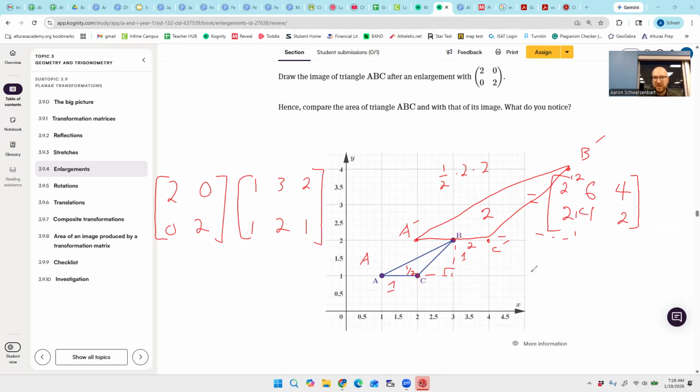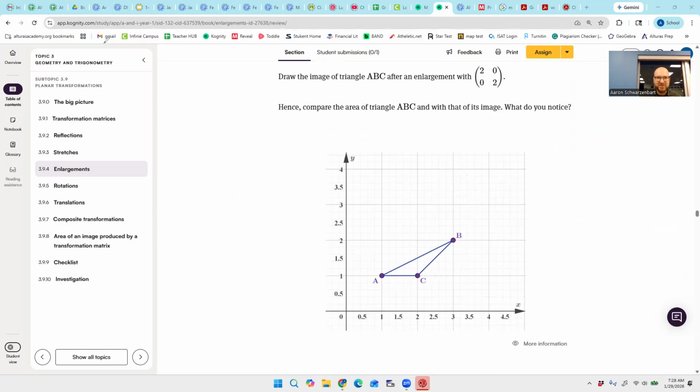Notice that is 4 times the area. My scale factor was 2. The area of my transformed figure has 2 squared times the area because it's essentially 2 in both x and y dimensions. So scale factors always must be multiplied by how the dimensions are multiplied.